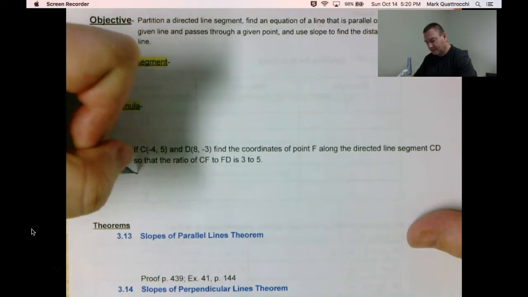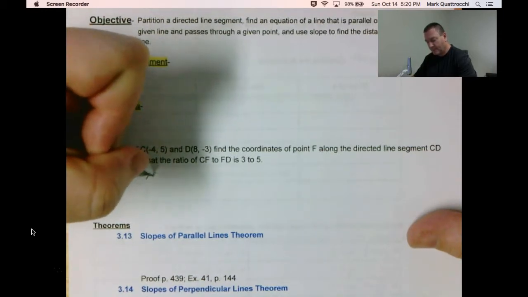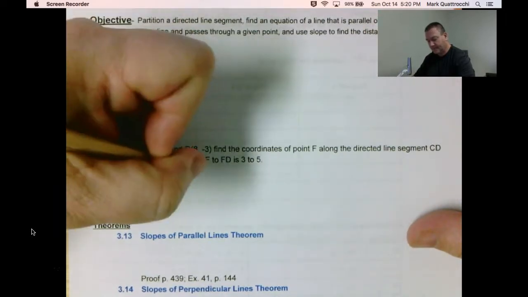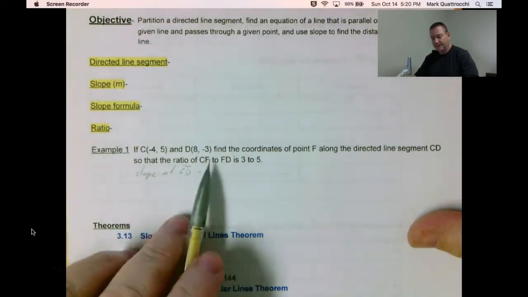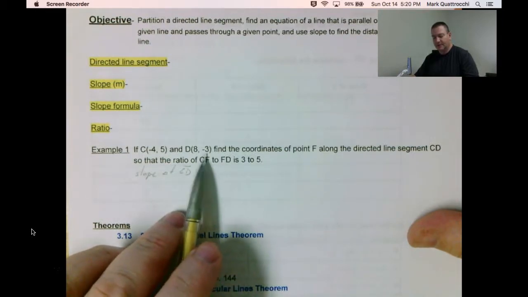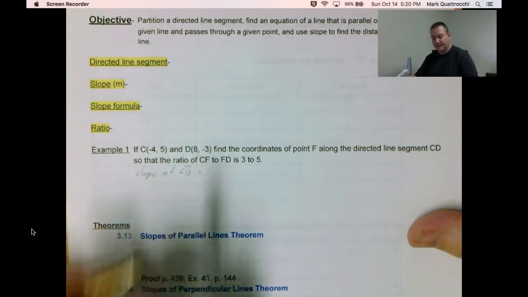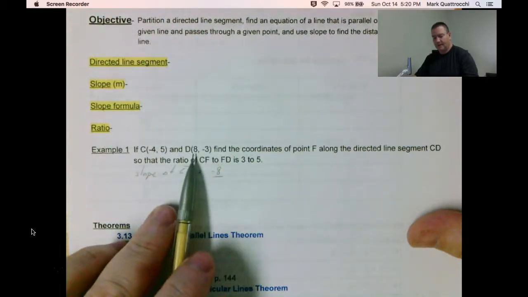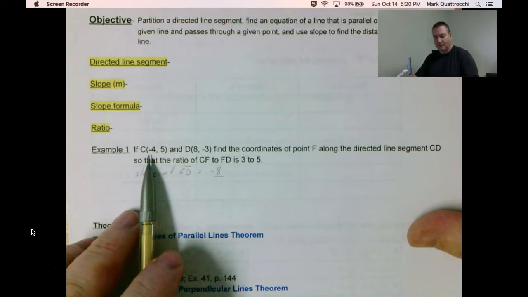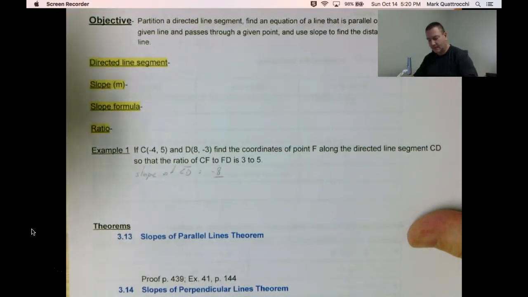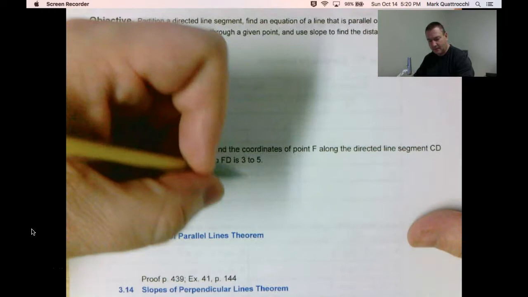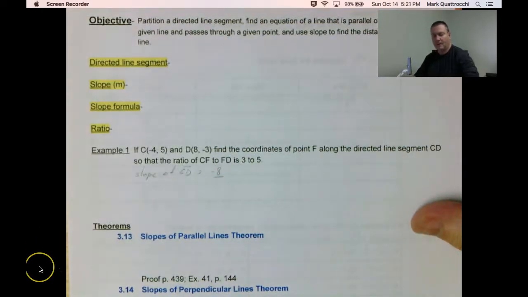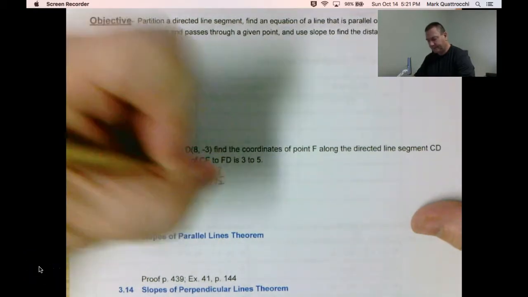Let's start off by finding the slope of segment CD. When we do that, we've got to do rise over run. So -3 minus 5 is -8 over run. 8 minus -4 becomes 12.